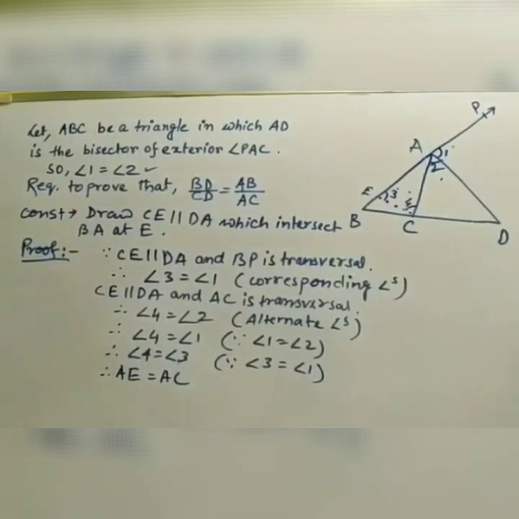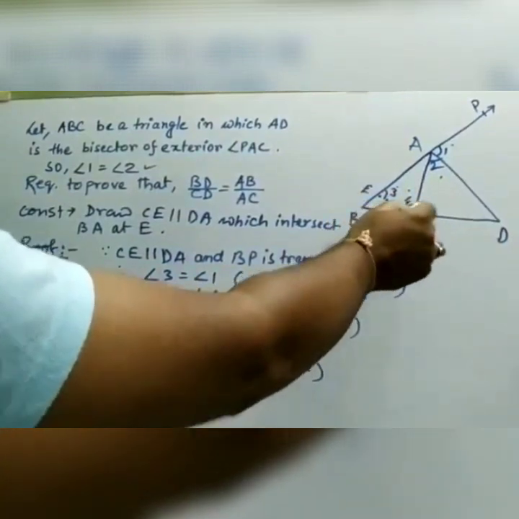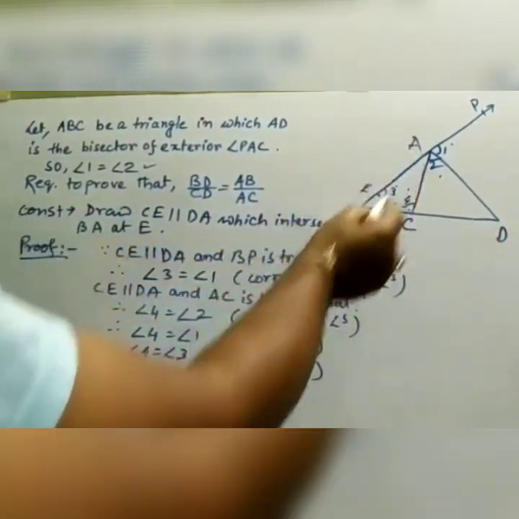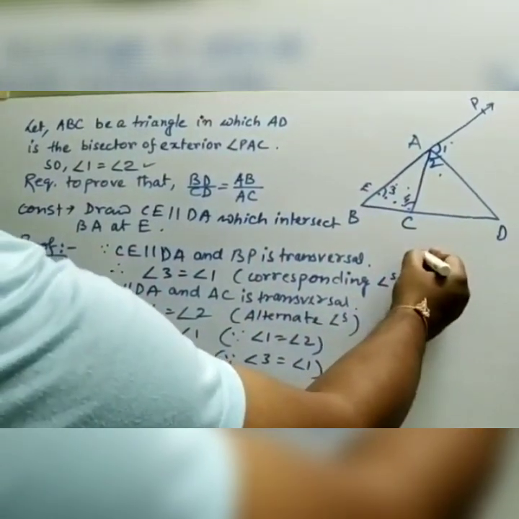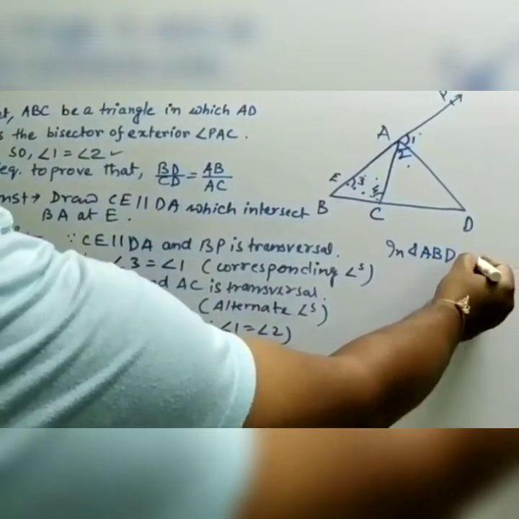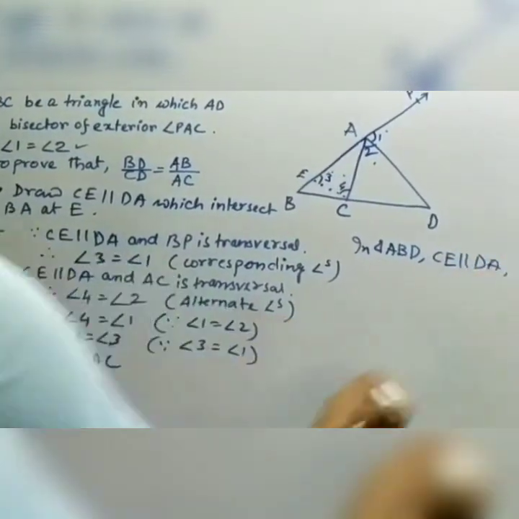So now again we will consider the big triangle like the previous one. Again in triangle ABD you can see that CE is parallel to AD. So we are writing, in triangle ABD, CE parallel to DA.